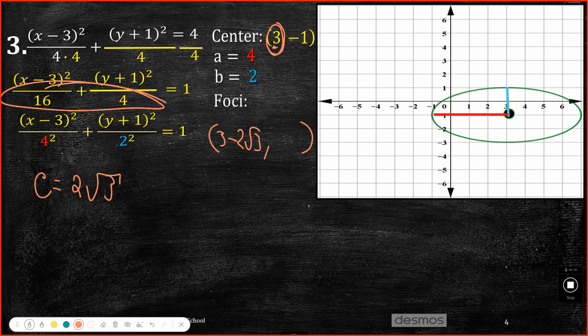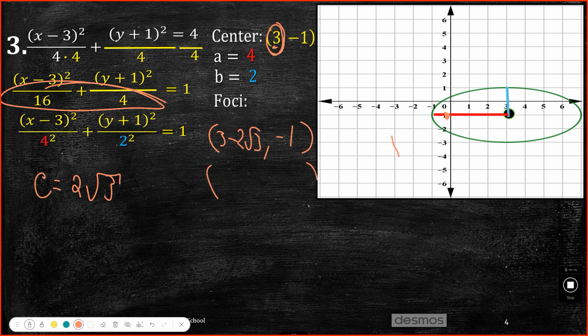Did you all say -1? Yes or no? The y value is -1. Not that point, my bad. Whatever this focus point is, the y value is -1.